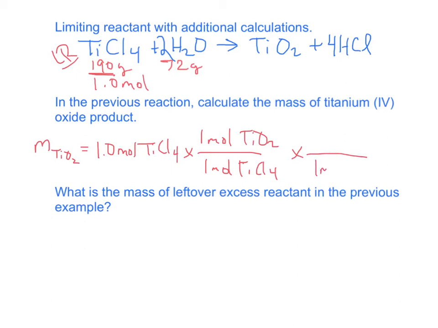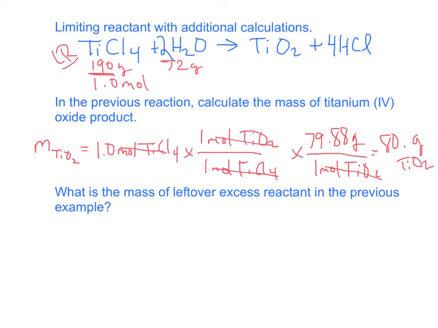So for a mole of TiO2, how many grams do we have? 79.88 grams. The moles of titanium 4 oxide divide out, the moles of titanium 4 chloride divide out, and we're left with grams of titanium 4 oxide. It equals out to be, with sig figs, 80. grams.